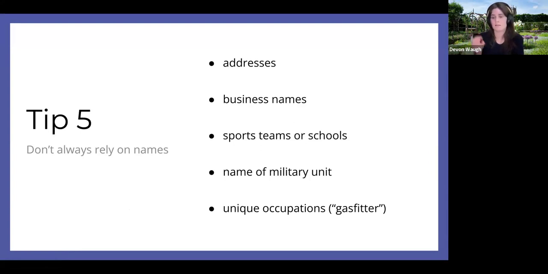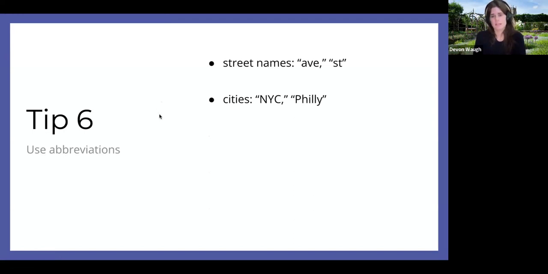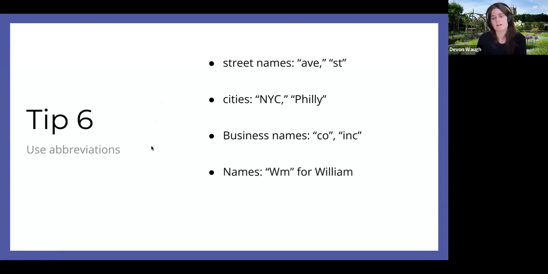So gas fitter, laundress, lamplighter, you can use those by, I'll show you, putting quotes around the name and then using capital A and D and putting in that unique occupation. And then using abbreviations, because there's so little surface area and so much information being put into the newspaper at that time. Street names, cities, business names, even names are abbreviated.